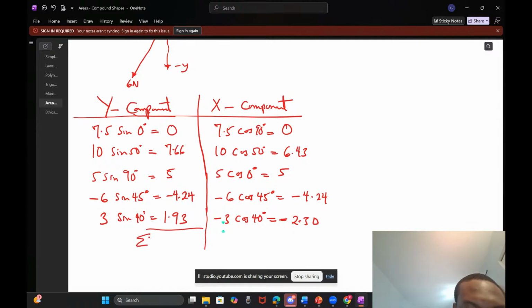So summation of Fy component. So we have 7.66 plus 5 plus 1.93. Answer minus 4.24. That will be 10.35.